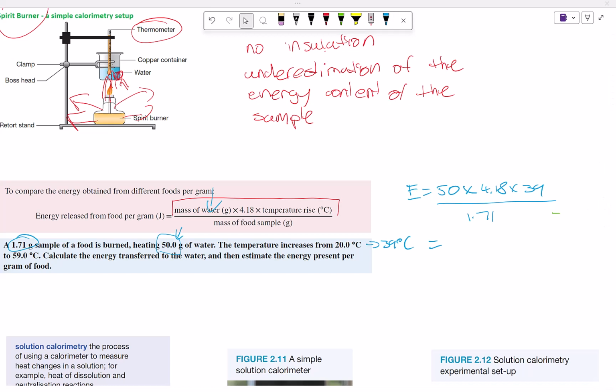That would give you 8151 joules, divided by 1.71.